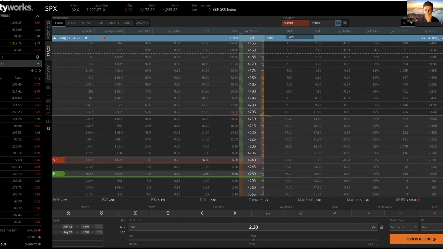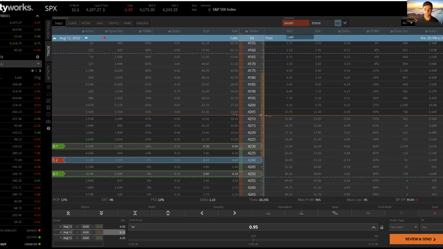But instead of closing the contracts, I just sell a debit spread, same width, which is a 10 wide. And what I'm going to do here is I'm going to take in a debit. So let's say I sold this 40-30 debit spread. I pay a 95-cent debit, and now I have effectively closed the trade.